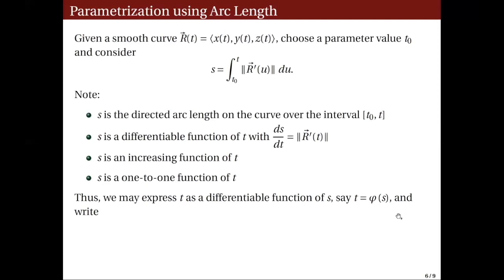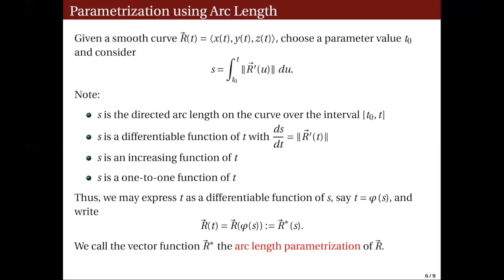We may now rewrite this vector function r of t by replacing t by phi of s. So r of t is equal to r of phi of s. Hence, this is now a vector function that depends on s. We are going to rename the vector function as r star of s. This is now called the arc length parametrization of the vector function r.